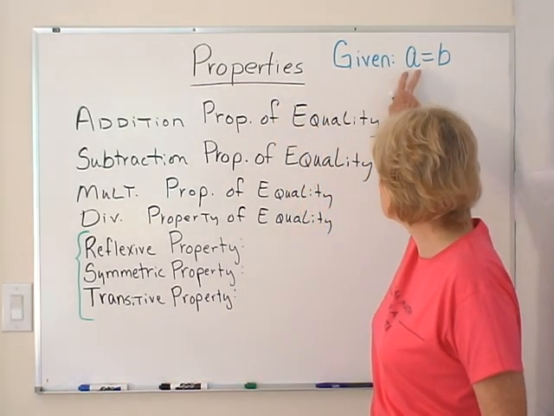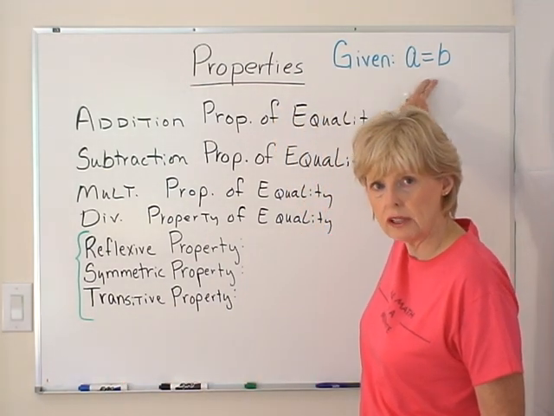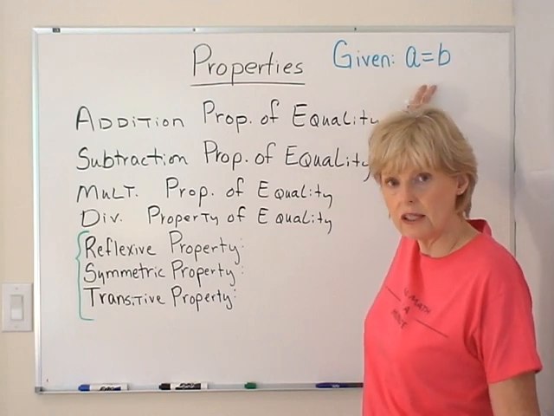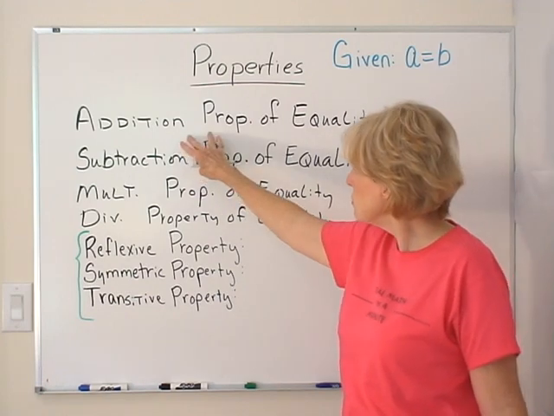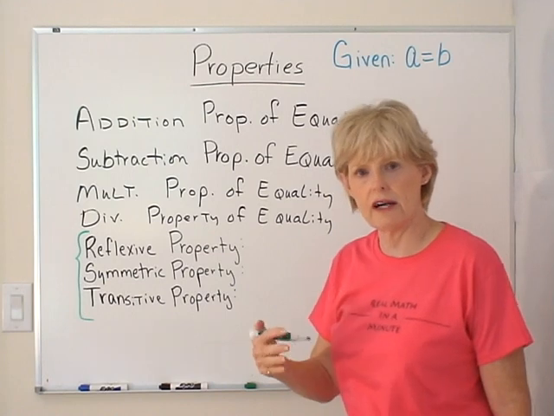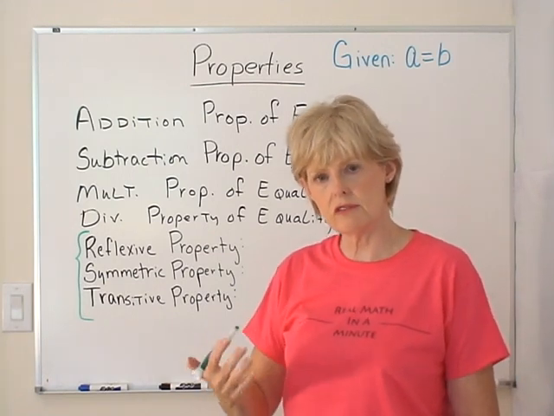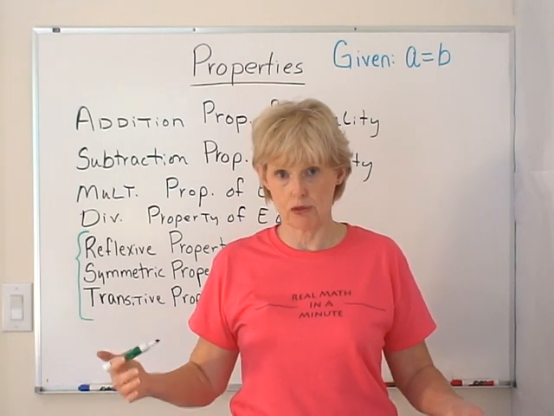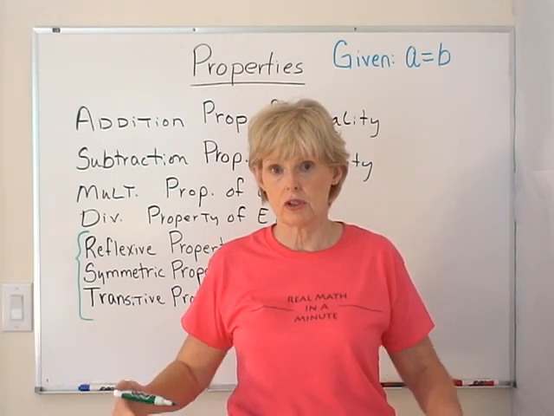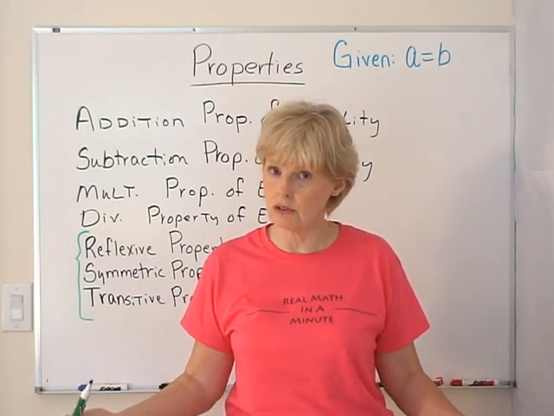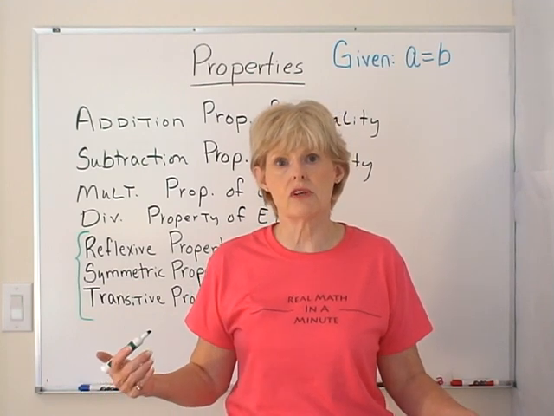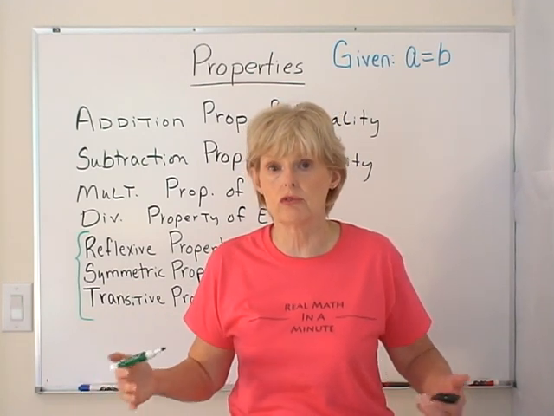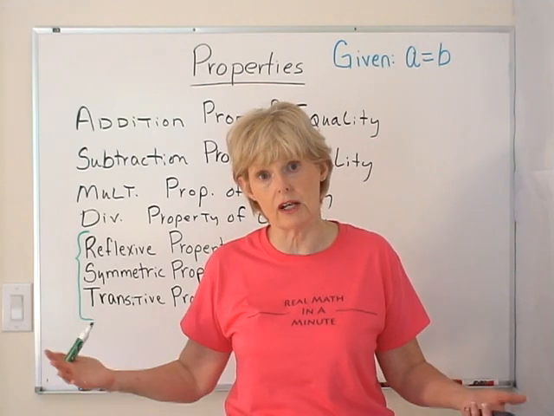We were given up here that quantity A is equal to B. Whatever A and B happen to be, A is equal to B. What the addition property of equality allows us to do is it says, anytime you want to add the same thing to both sides of an equation, you may do that. Or anytime you want to add things that are equal to each side of an equation, you're allowed to do that.